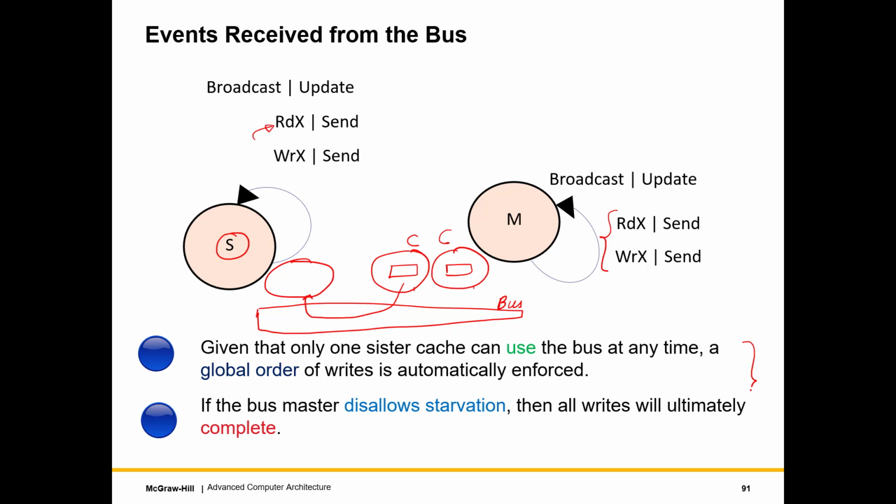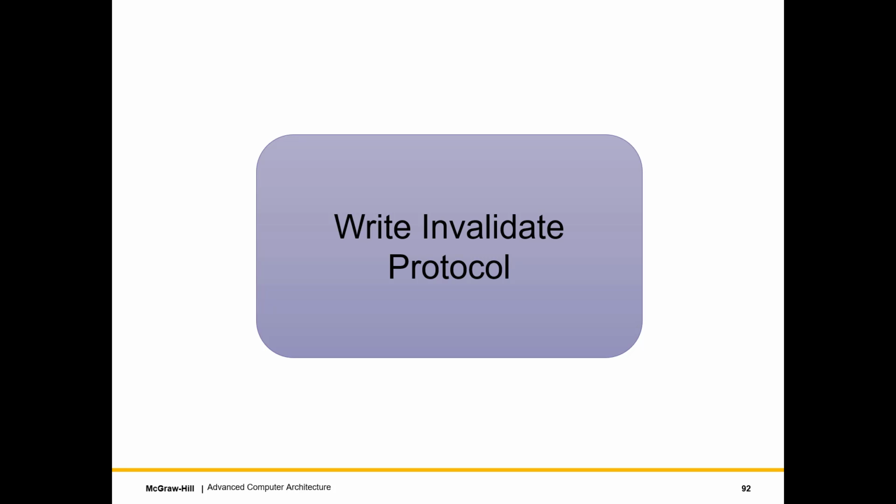So this ensures the axioms of coherence, the fact that they actually hold. So what we have been arguing up till now is that the write broadcast protocol has high overheads. And that is because on every write we need to broadcast the write. So we will optimize this and propose the write invalidate protocol.